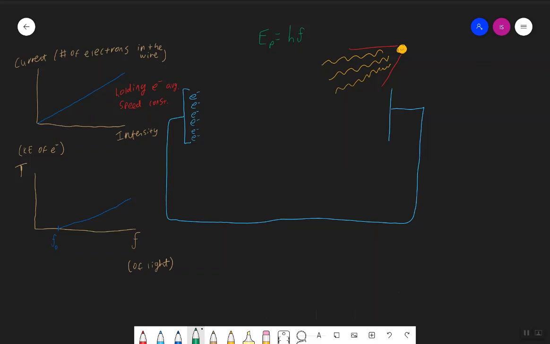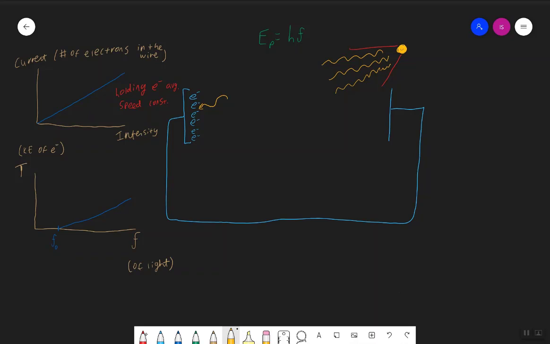And so now we have light, right? A photon of light that is going to hit the electrons. If you have an individual photon of light, an individual particle hitting the electron, it has to have enough energy to release the electron from the metal. The metal is holding on to the electron, and there's some threshold energy that you have to hit the electron with to get it out, right?